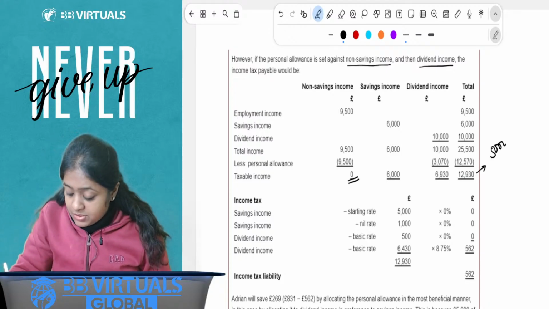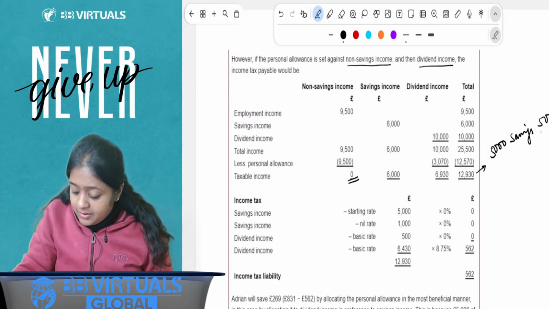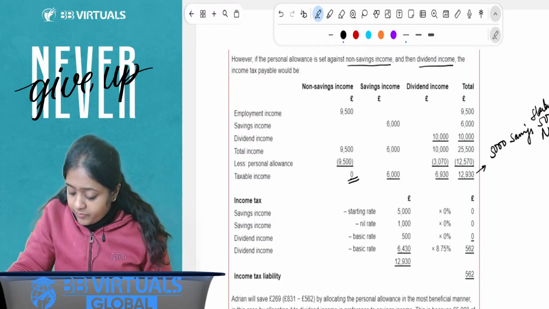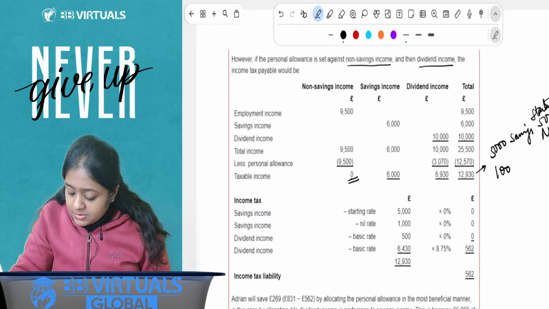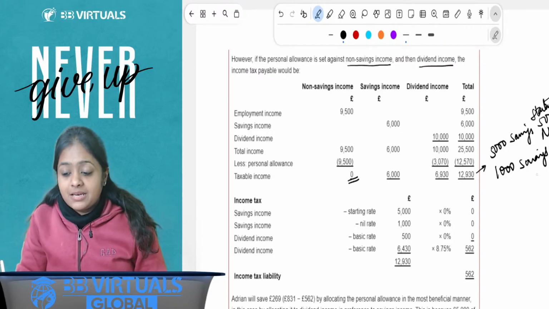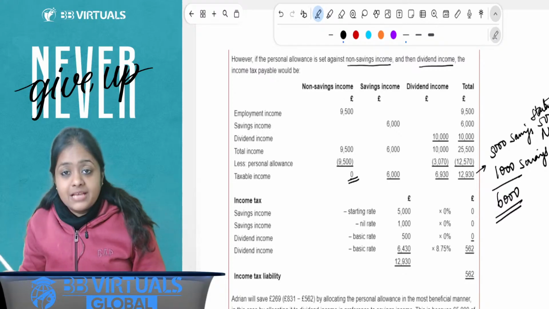So 5,000 the taxpayer will get as starting nil rate band, and 1,000 he will get as savings nil rate band based on the category of the taxpayer, which is basic rate category. Clear? So total we get here 6,000 as the benefit.